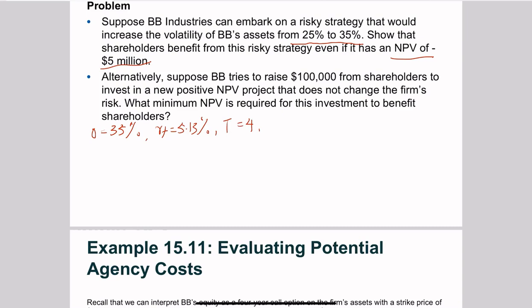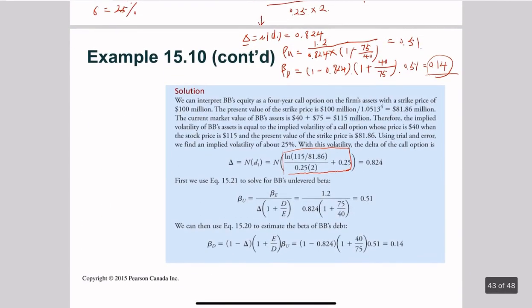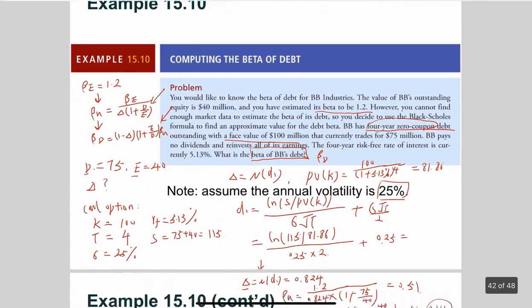So we have 3 inputs, and we need additional 2 inputs. Oh, we have the exercise price, right? So exercise price is still the same. That is the firm's debt face value, which is $100 million. I think it's $100 million.